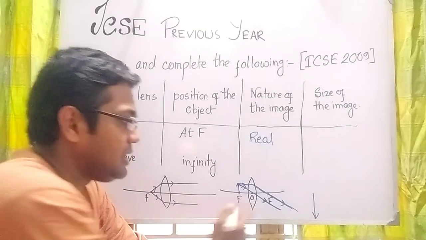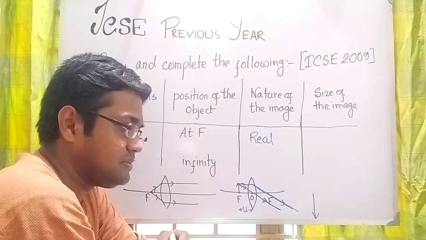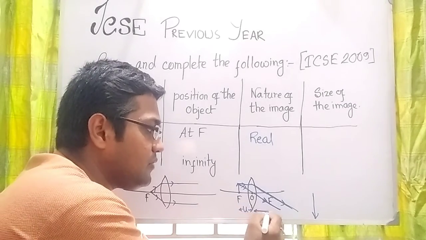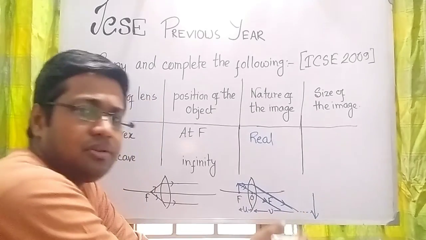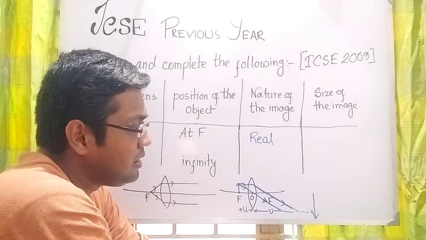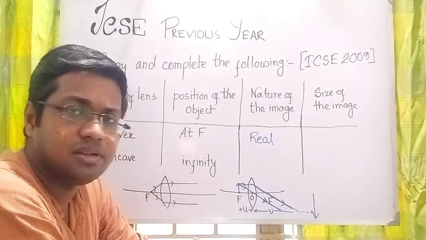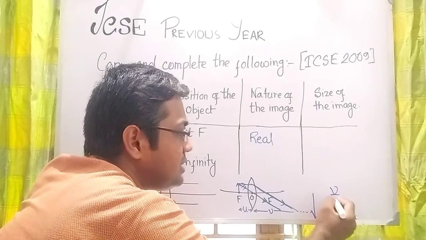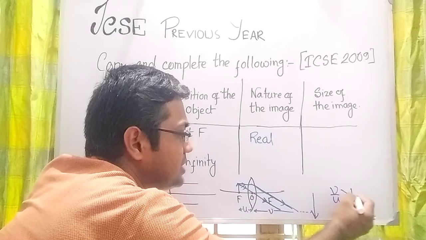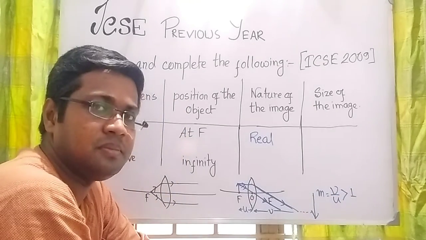In another way, we can tell, if this is the object distance, the image is formed at infinity, so V we cannot draw to scale. The V is obviously greater than that of the U. So since V is greater than U, the ratio of it is greater than 1. So we can say the magnification is greater than 1.